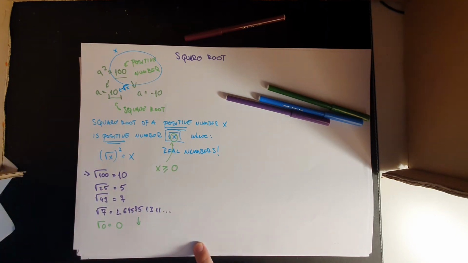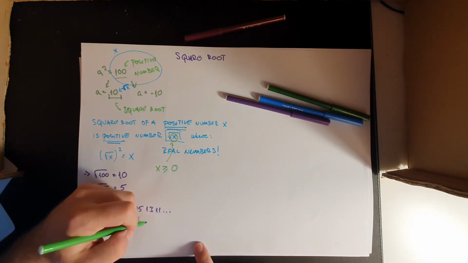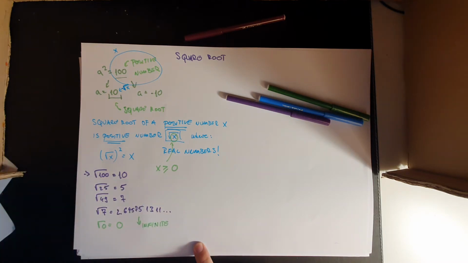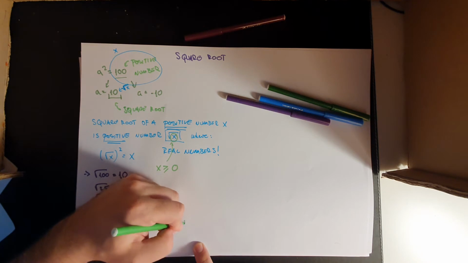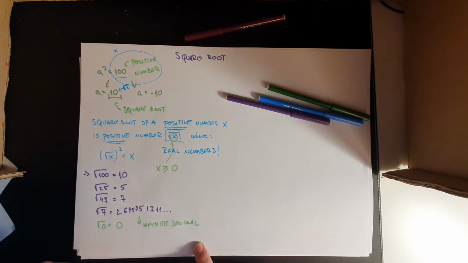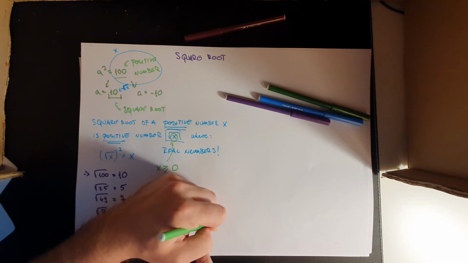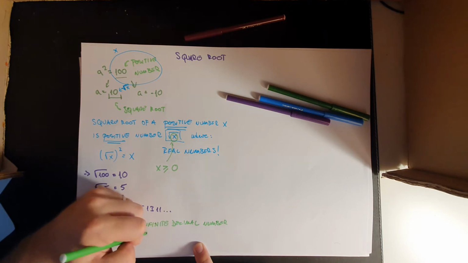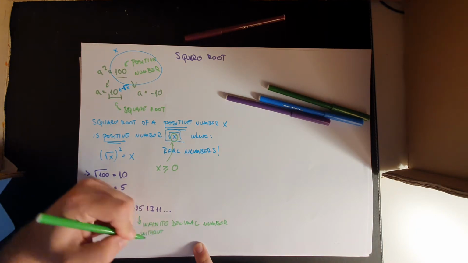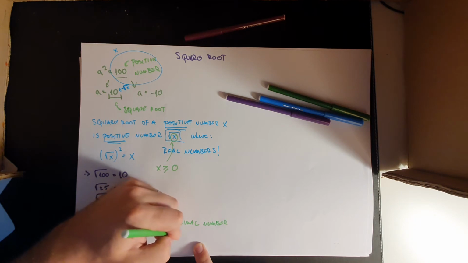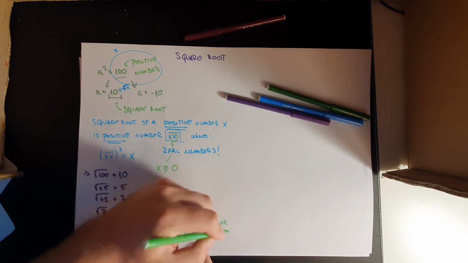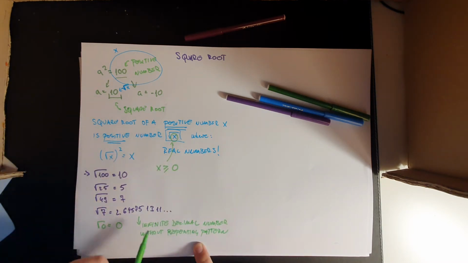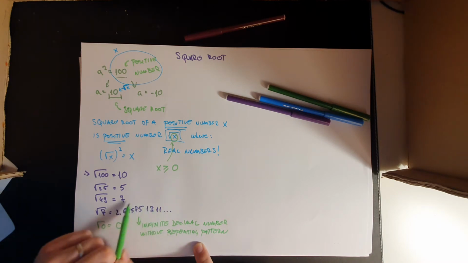This type of number, first of all, is infinite. It's an infinite decimal number without a repeating pattern. So it is an infinite decimal number without any pattern inside.